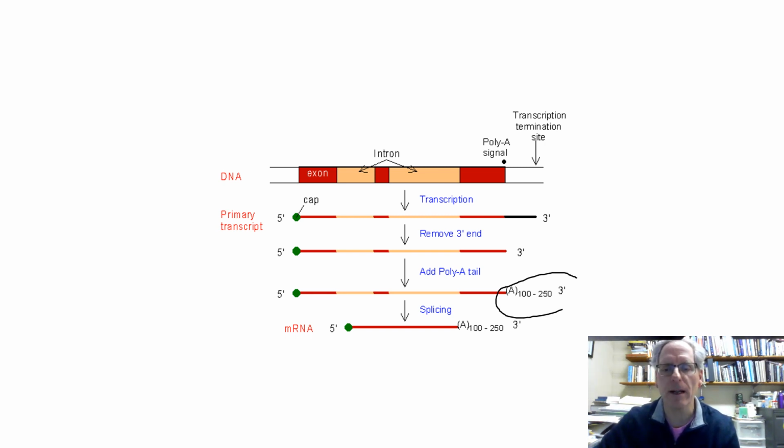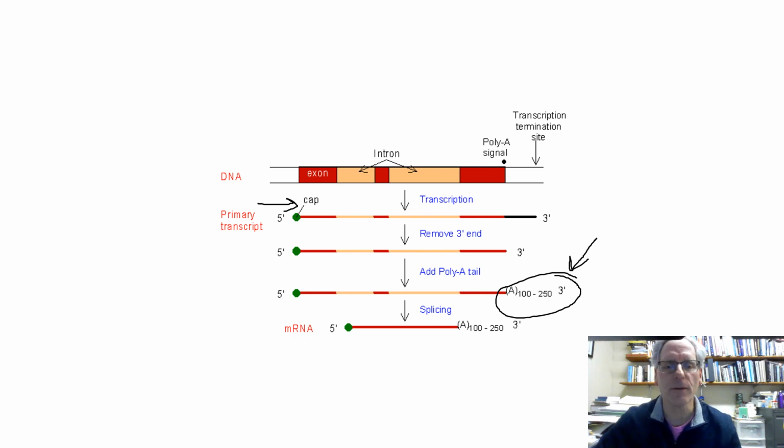This tail is about 100 to 250 adenines long at the 3' end. So this process here is called capping. Capping occurs actually very early after the initiation of transcription. Tailing occurs in combination, essentially coupled with transcriptional termination.